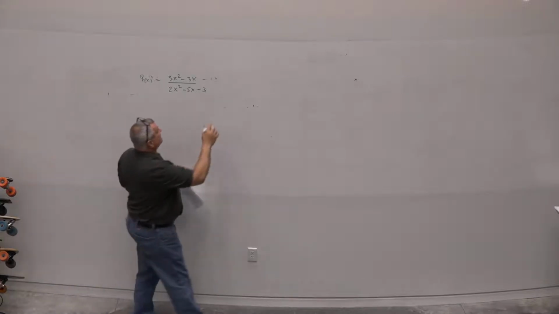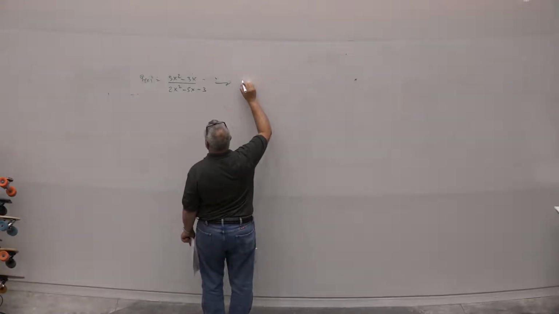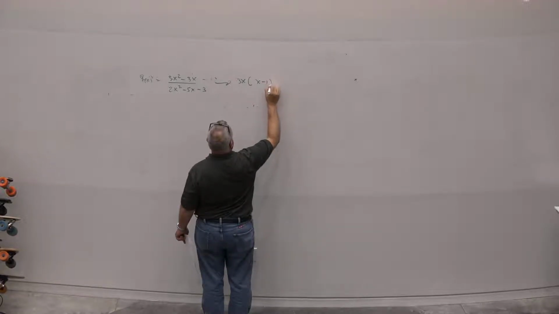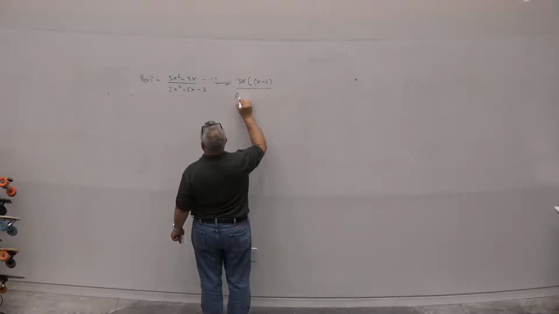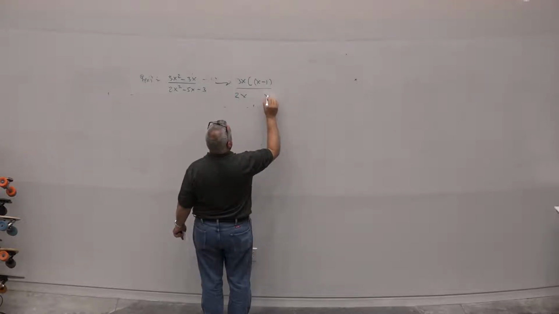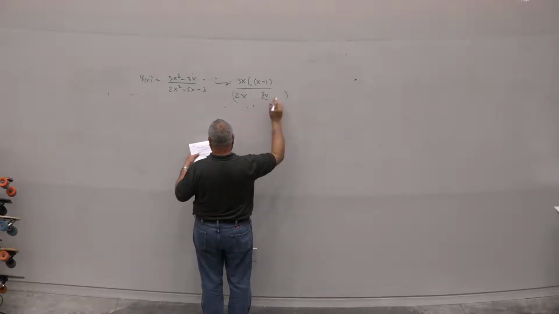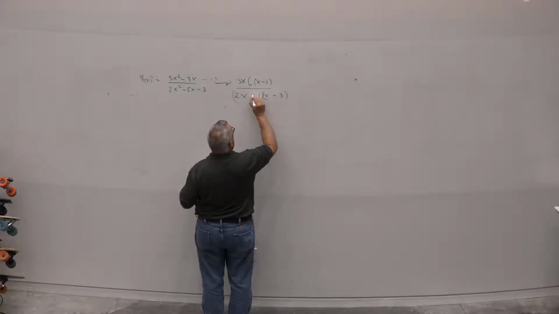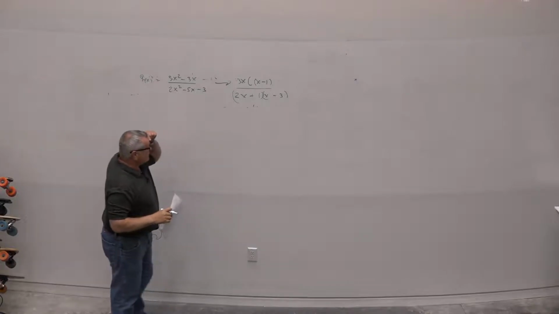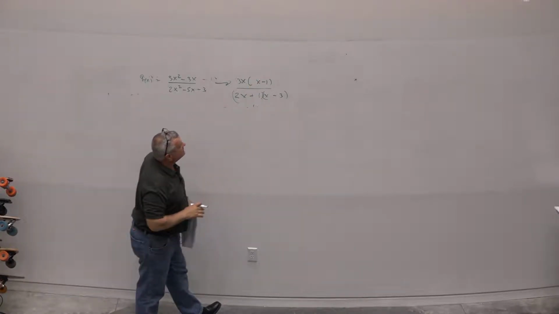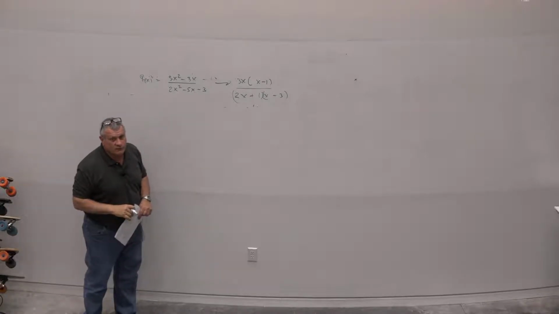Okay, so let's factor this. On the bottom, it's going to be 2x, x, 1 and 3, minus and plus. Now you notice that x minus 1 doesn't cancel up on the top. Okay, so what's its vertical asymptote?